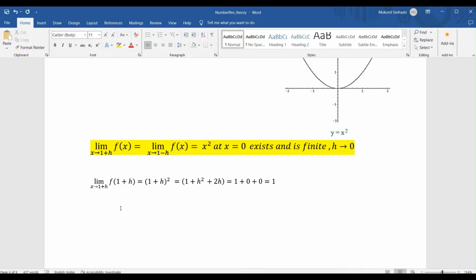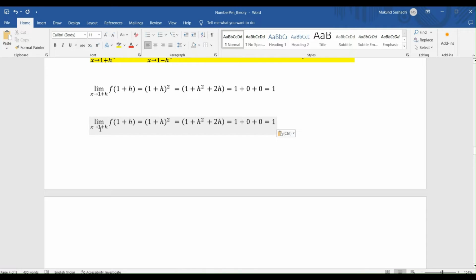Let me go to my right hand limit and I'm going to replace this as 1 minus h. Now rewrite this, 1 minus h the whole square, that equals 1 plus h square minus 2h, which means 1 plus 0 minus 0, which still equals 1.